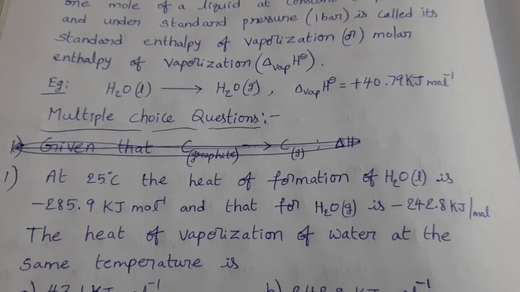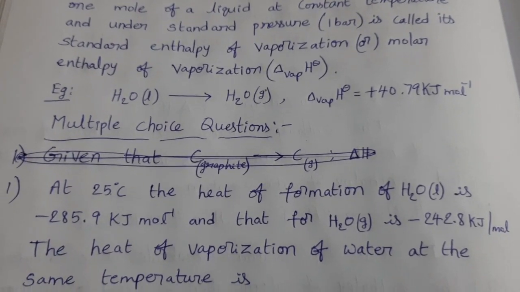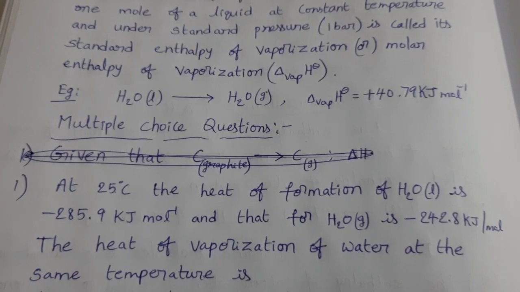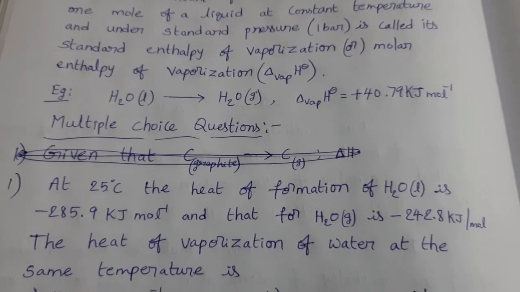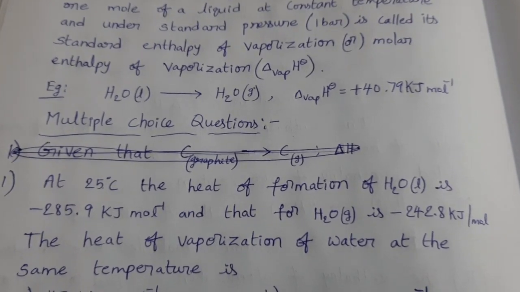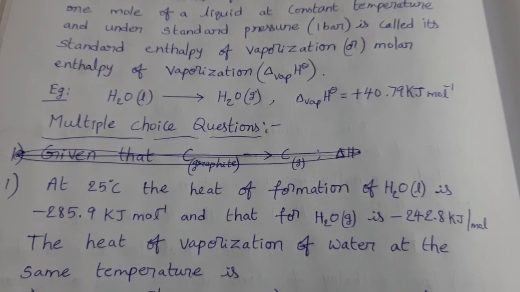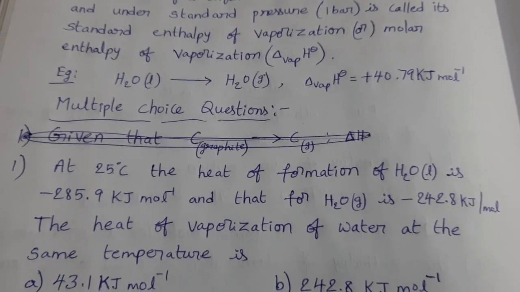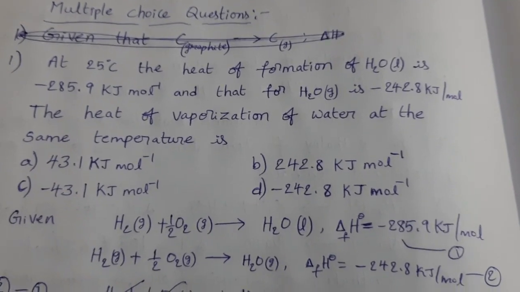Next, multiple choice questions. At 25 degrees Celsius, the heat of formation of H2O liquid is minus 285.9 kilojoule per mole, and that for H2O gas is minus 242.8 kilojoule per mole. The heat of vaporization of water at the same temperature is, say this, heat of formation of H2O liquid.